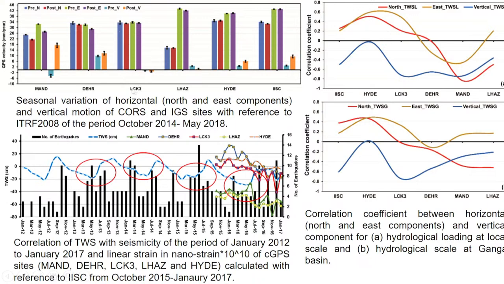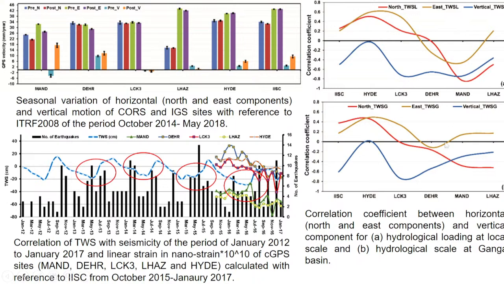But in Lucknow, Lhasa, Hyderabad, and ISC, the changes between pre and post are very insignificant. We observed only a slight change in these 4 stations as compared to those 2 stations, and it is maximum at the Mandal station.